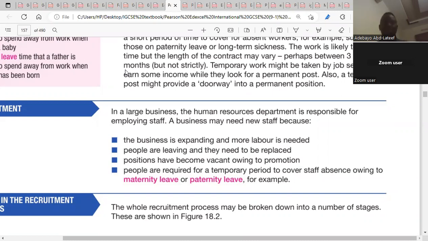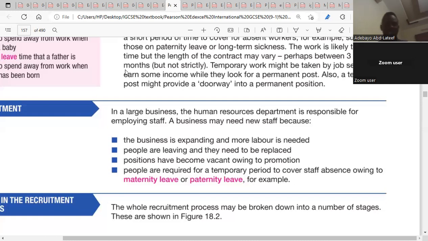So what are the reasons why there's a vacancy in an organization? But before we go to the reasons, there's a department in the organization that is saddled with the responsibility of employing workers. The department is called the Human Resources Department, HRD.